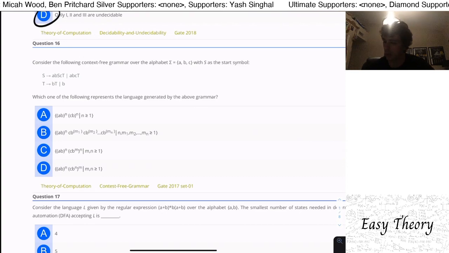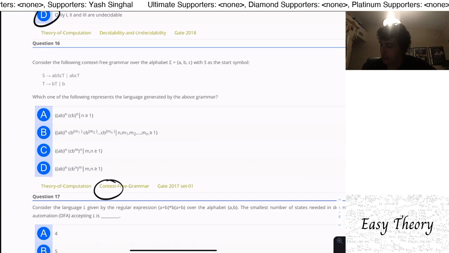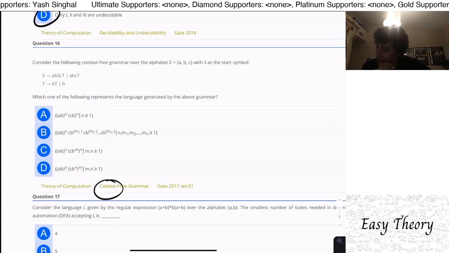So we got a grammar here, and we want to find which of the following represents the language generated by the above context-free grammar. So let's see.